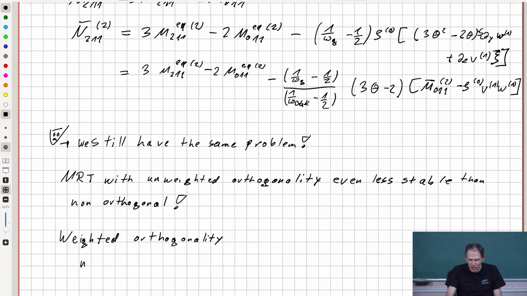Namely, I just propose that I have this moment M211, and I define this moment as M211 minus theta M011. And I tell you, if you want to know why, you have to come to the lecture tomorrow.